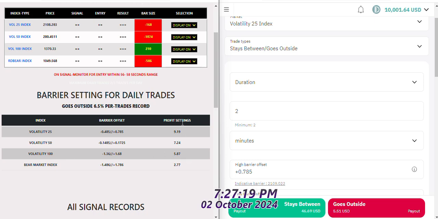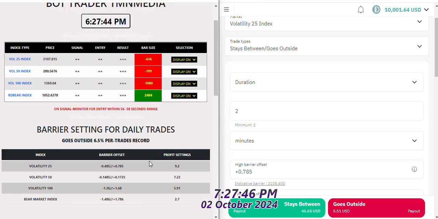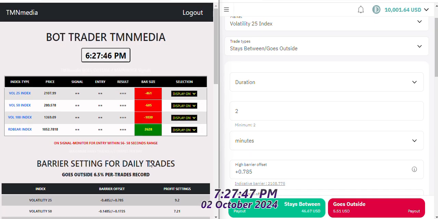Usually the settings for all of them will give you like 6.5%, 7% on a normal day, on a normal period, if the trend is not one-sided. Once it's one-sided, probably it's going down too much. It could go up or come down depending on how Deriv do the settings.